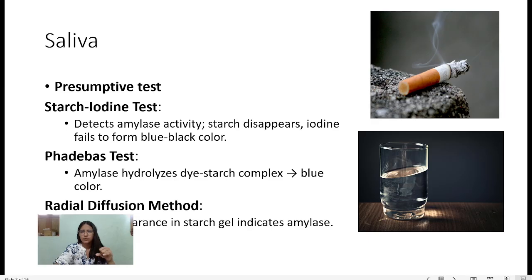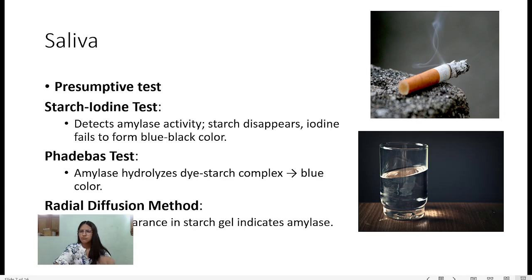Saliva, we know that it contains alpha amylase enzyme, right? This alpha amylase enzyme breaks down starch. Normally the starch and iodine is our reagent which we will be using in this particular test. So when it reacts with this, a blue-black color is to be produced.